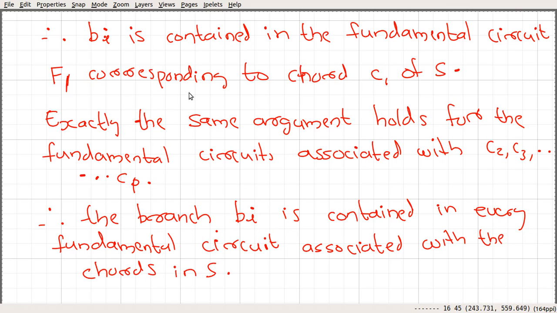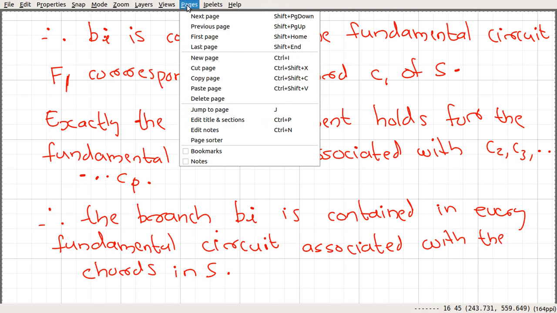Okay, so let's go and prove the other thing. This BI cannot appear in any other fundamental circuit.